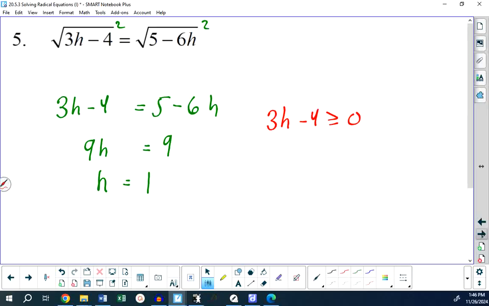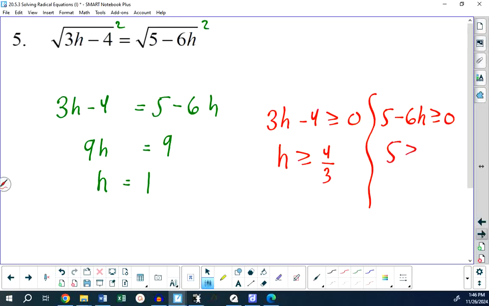Do you agree that has to be true? Forget about the equation. Just look at the fact that it's a square root of 3h minus 4. I hope everybody's capable of understanding it translates to that. On the other hand, do you agree?